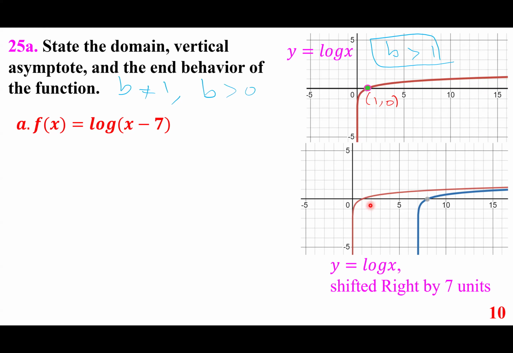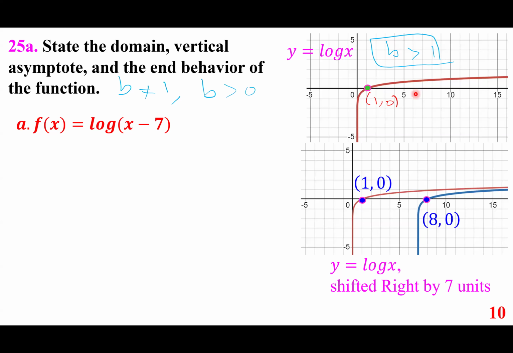Originally we have the x-intercept at (1, 0). Now the same point goes to the right by 7 units. So 1 plus 7 becomes (8, 0).